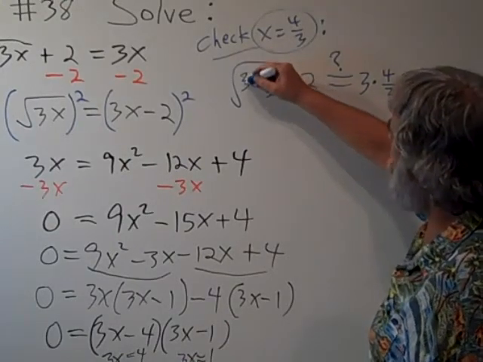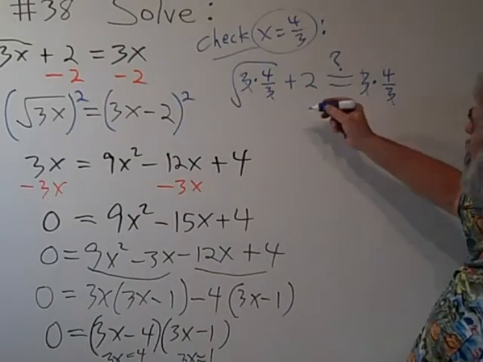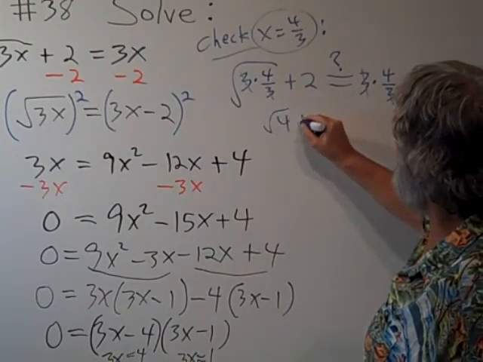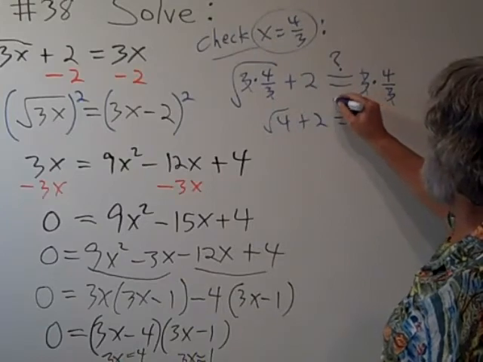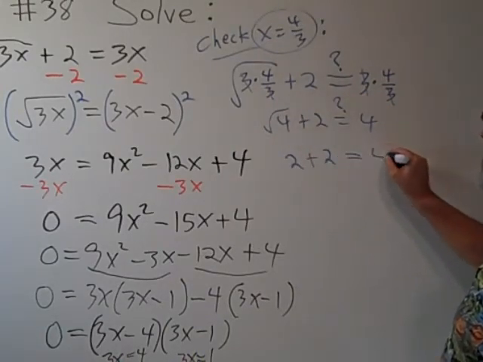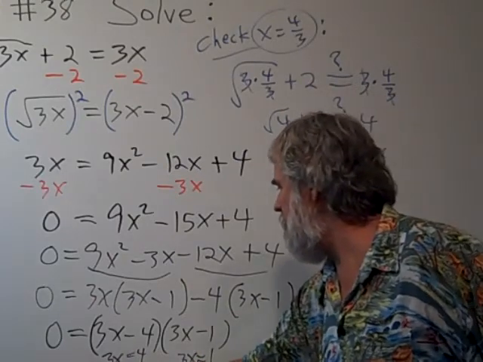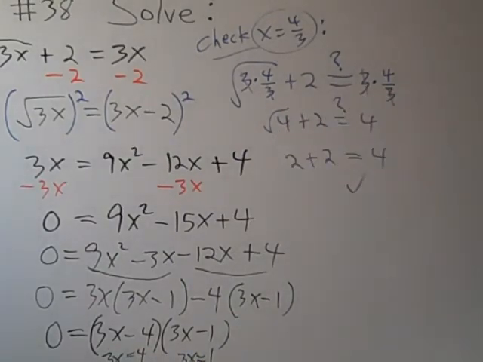Well, then the 3's cancel. And so we're really wondering here, is the square root of 4 plus 2 equal to 4? But that's 2 plus 2, and that does equal 4. So this one checks out okay. So 4/3 is a valid solution.